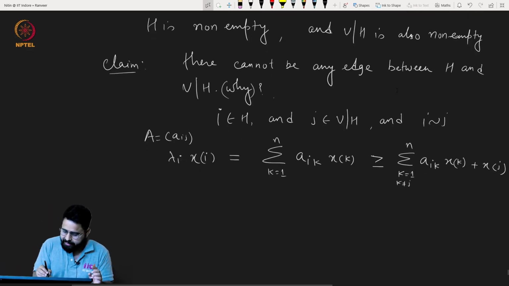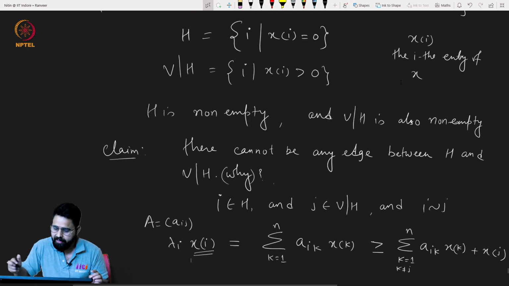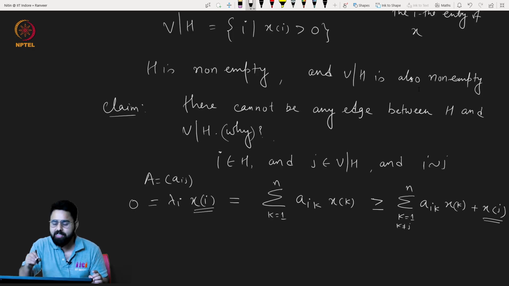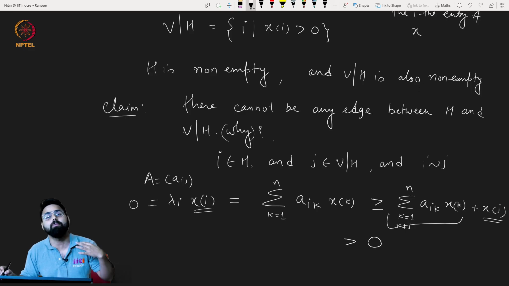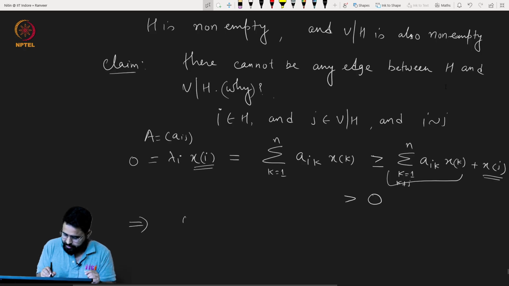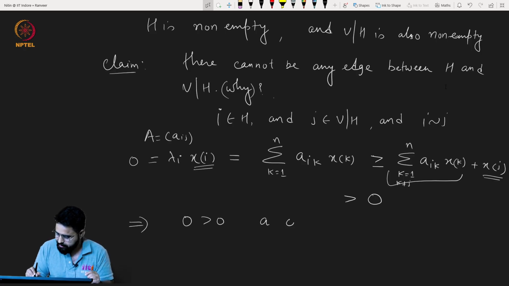Now this xi is what? Because i belongs to H, and every vertex in H has xi equal to 0, this quantity is equal to 0. Now what about xj? xj is always positive, because j belongs to V minus H, so this quantity is greater than 0. The first sum is always greater or equal to 0, but the total is 100% more than 0 because of this. This implies that 0 is greater or equal to a positive number, a contradiction.